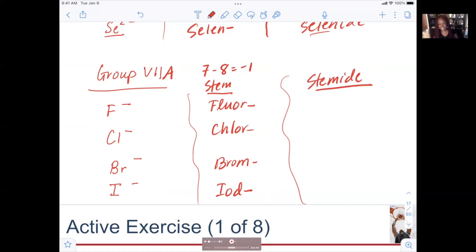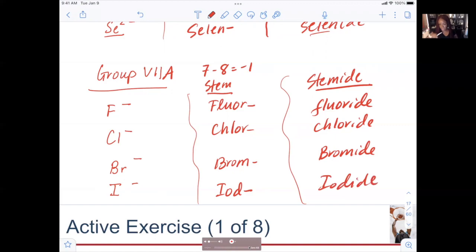So add the IDE to the stem name. So this would be fluoride, chloride, bromide, iodide. Okay, and this will help you in determining the anion names for the monoatomic anions, okay?